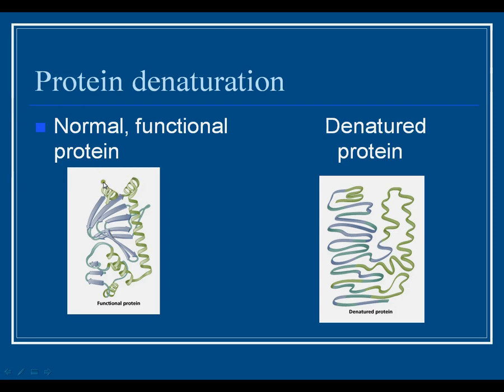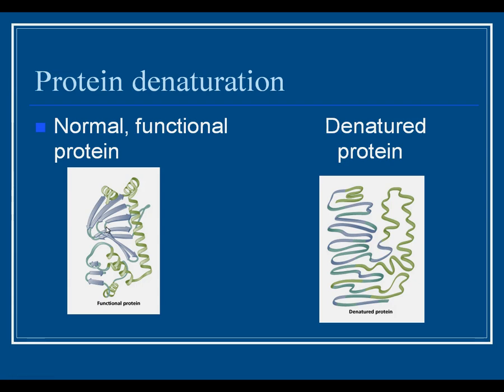Perhaps this is the active site. Maybe this here is the active site and the substrate would bind right here. I don't really know. I don't even know if this protein is an actual enzyme. But if you were to imagine, this might be an imaginary active site that a substrate would attach to. But this is actually closer to what they look like than those blobs we've been drawing.